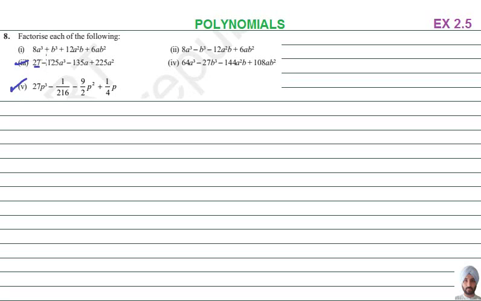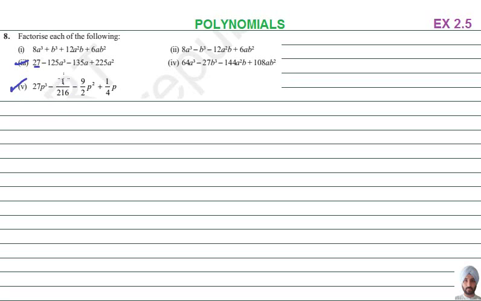Okay, now let us examine these 2 parts. Cannot I write 27 as 3 cube? I can write, yes. Similarly, cannot I write 1 upon 216 as 1 upon 6 whole cube? Because 6 6s are 36, 6 more are 216, 6 cube is 216.